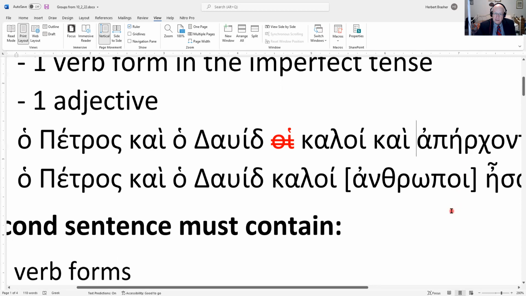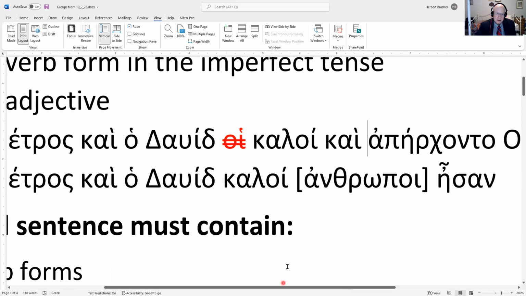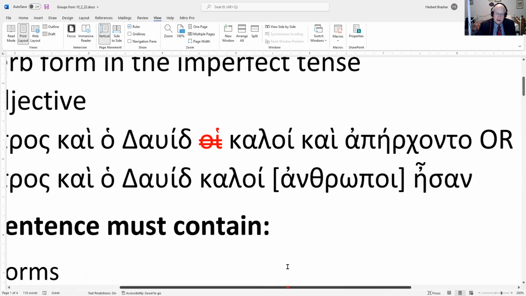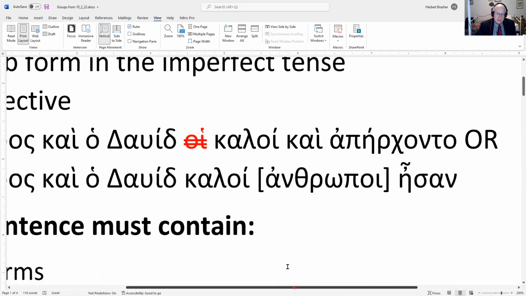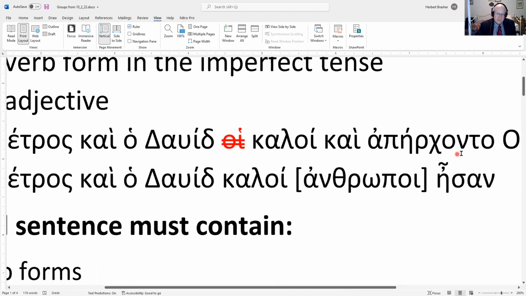Kai ap erchonto. Oh, on top. Okay. I didn't see the on top. I just saw ap erchon and thought, what? It changed. Or if we leave off the second part, they were approaching, or they began to approach.